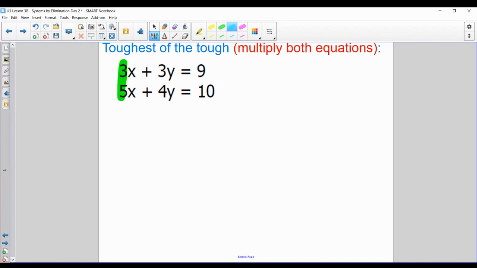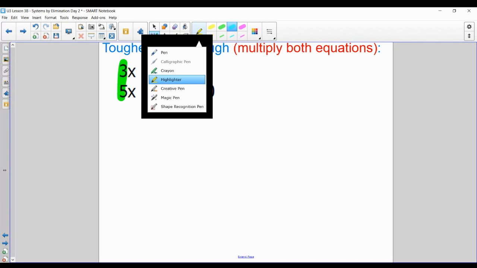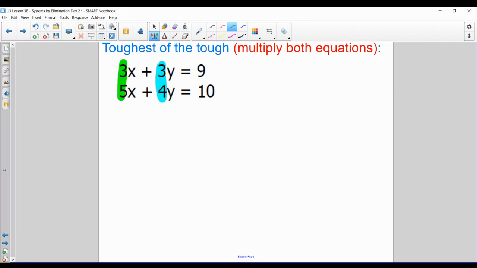If I look at the y's, I can match the 3 and the 4 at 12. So it's just a choice. I'm going to go with matching the y's. So I'm going to have to multiply both of these to create a matched pair at 12. I want to create a positive 12 and a negative 12.